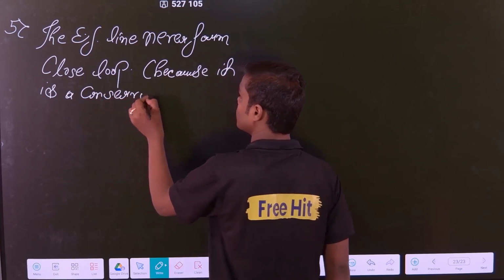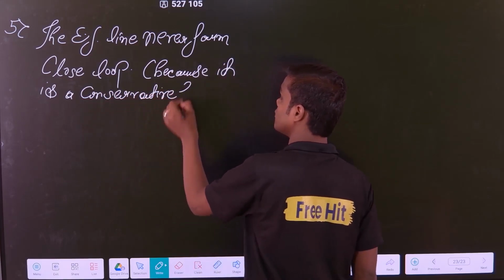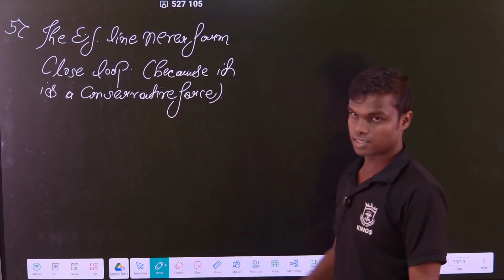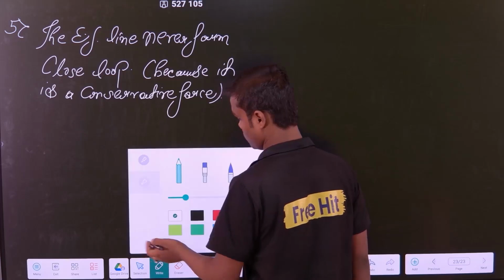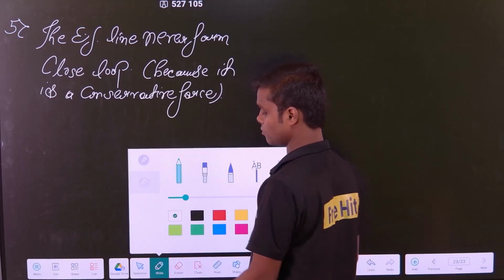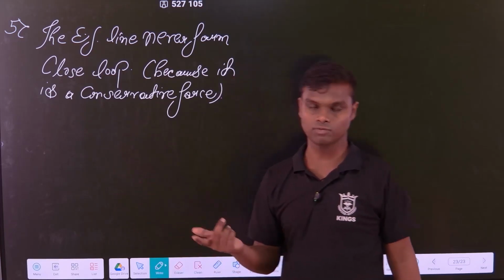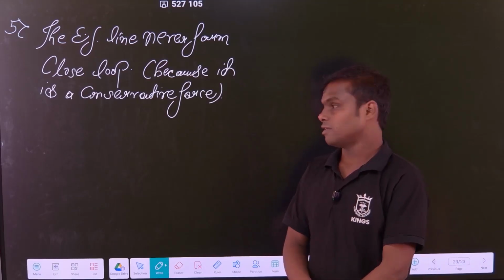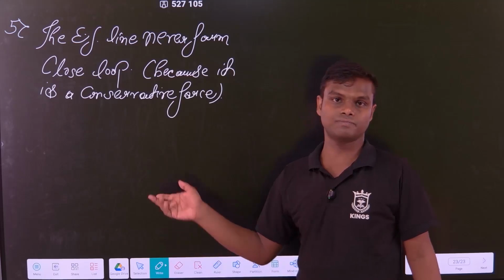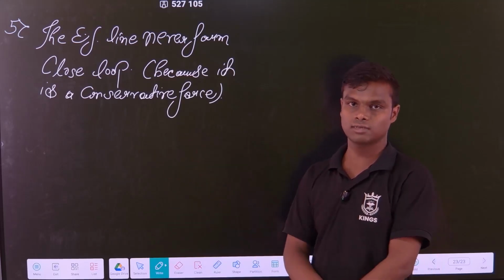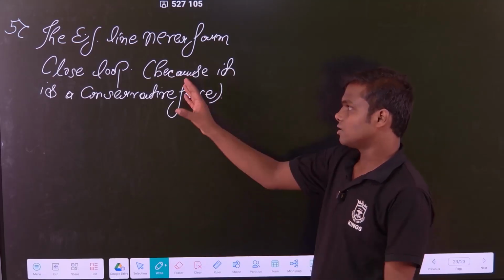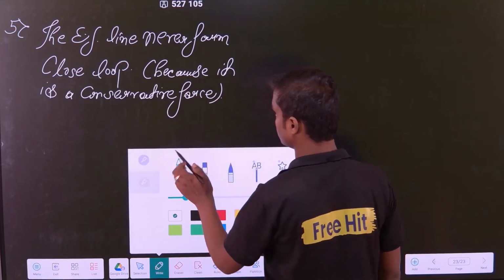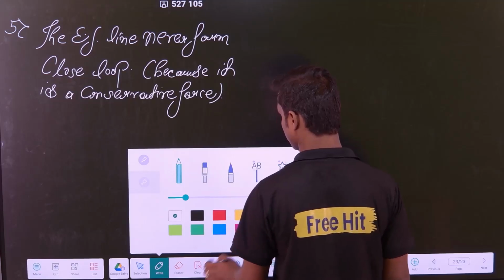Clear? If it is a conservative force, the net work done in a closed loop will be 0. The total work done in a closed loop will be 0 because it is a conservative force. But if the field lines formed a closed loop and you calculate, you won't get net 0. That means the electric field lines can never form a closed loop. Clear? That is a rule you have to remember, one of the properties of electric field.